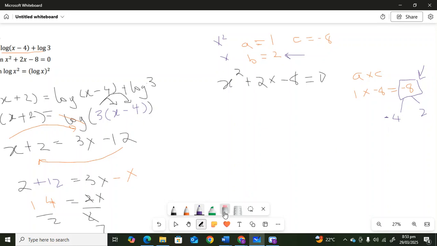If we make the 2 negative, 4 times negative 2 is negative 8, and 4 plus negative 2 is 2, which is this 2 here. Any questions?